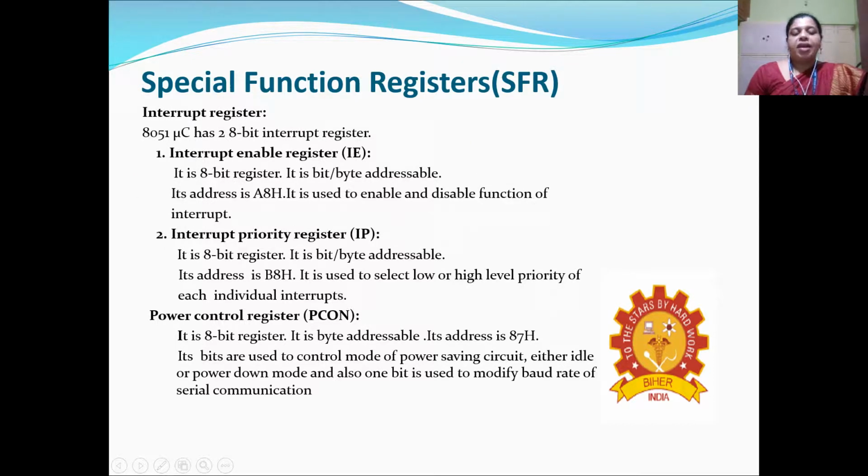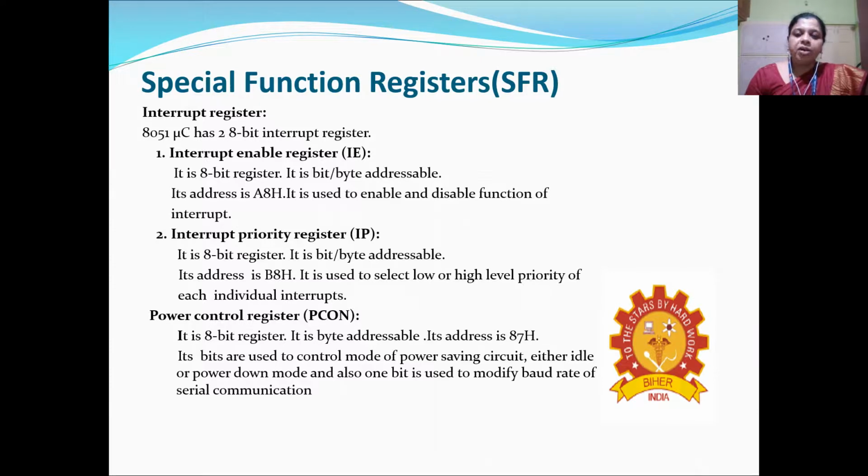So the next category of special function register is the interrupt register, which is basically used for the interrupt mechanism. In that we have the interrupt enable register and the interrupt priority register. The main purpose of interrupt enable is to enable or disable the interrupt.